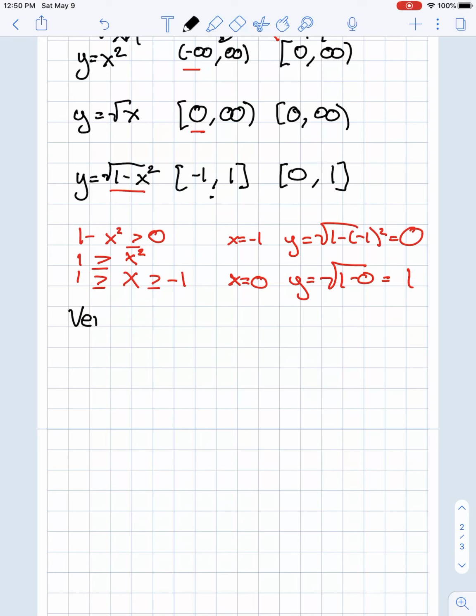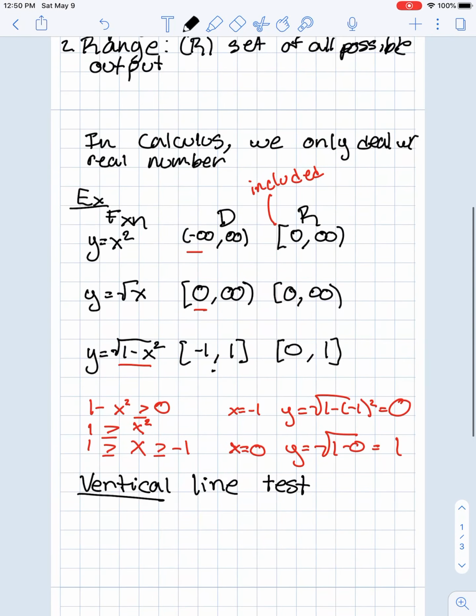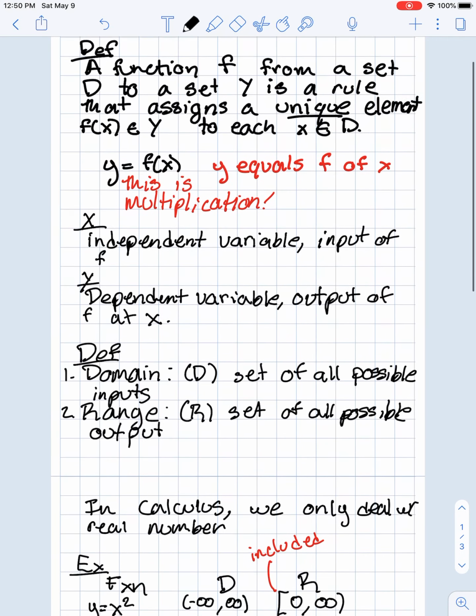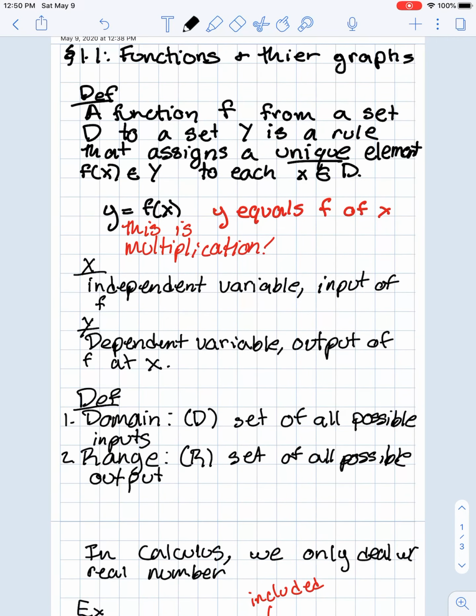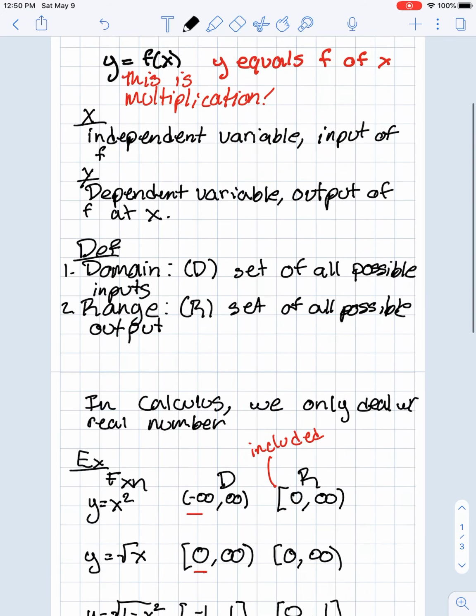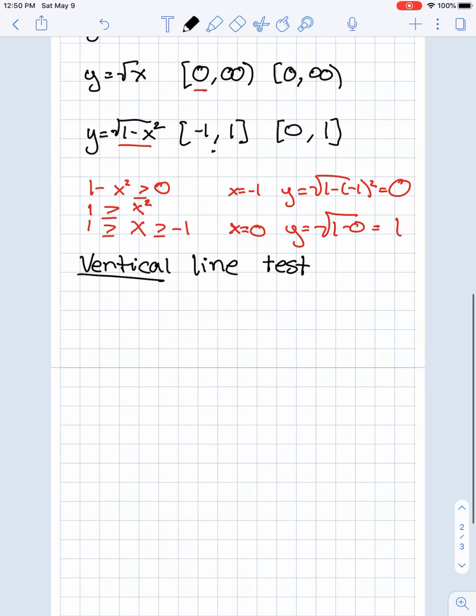We're going to talk about the vertical line test. So, remember how we said earlier that a function assigns a unique element? Well, unique means single, like one value.